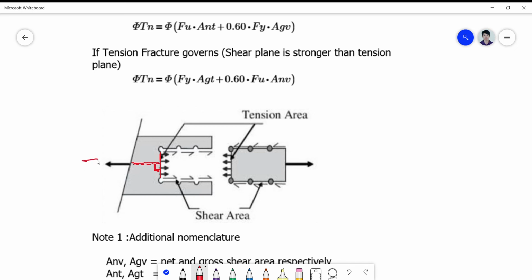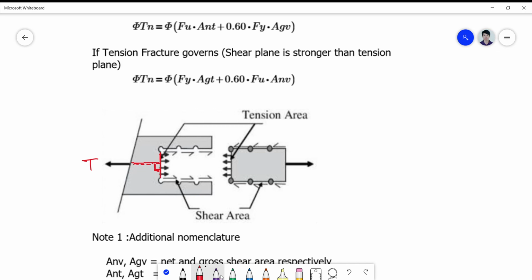So the force is here, the direction is horizontal, and the area we consider that will manifest what you call a tension fracture failure is this one. Okay, so this will actually be paired, no? Mapupunit ito. And since this is perpendicular to T, then this is a tension fracture.